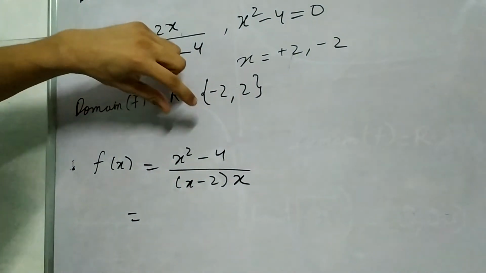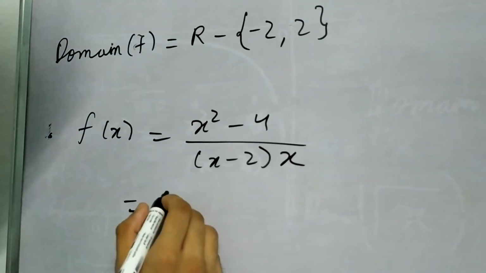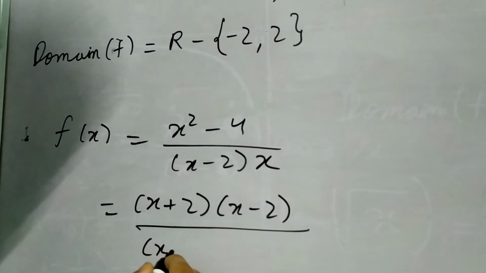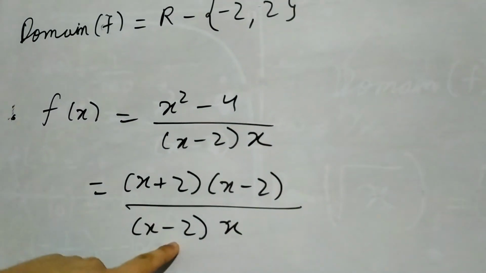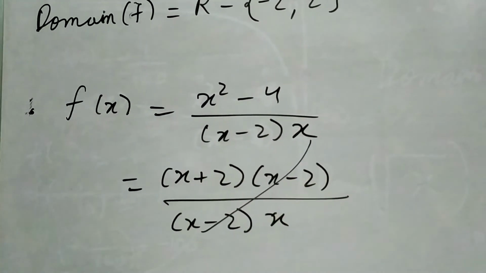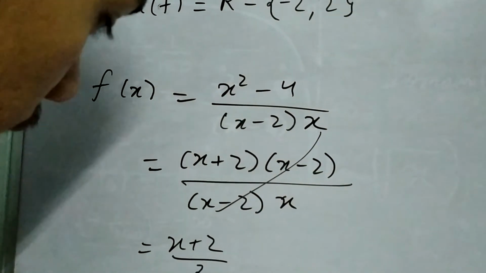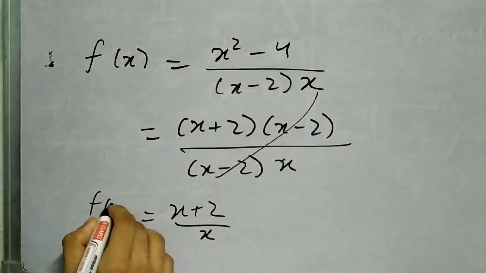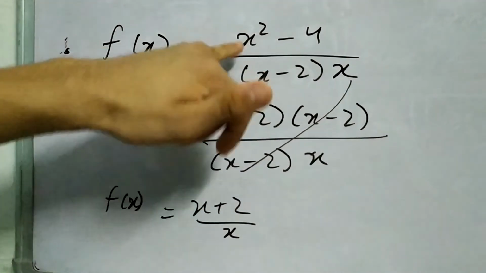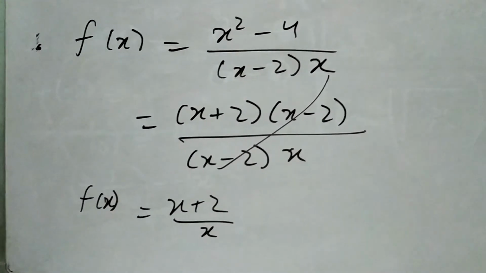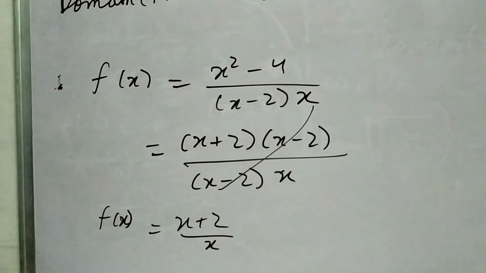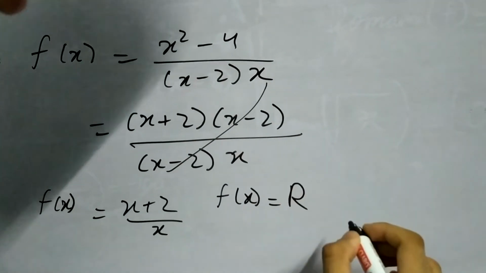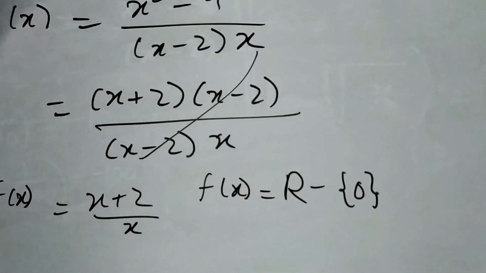Well, if you look carefully, x square minus 4 can be written as x plus 2 times x minus 2 upon x minus 2 times x, and then x minus 2 cancels out and we get x plus 2 upon x. Alright, and now we can say that this is f of x, and the denominator should not be 0, but this happens only at x equal to 0. So the domain of f is all real numbers, just remove 0 from them.